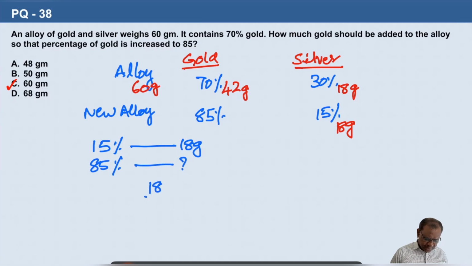Simplify 18 by 15 into 85. This is 5 threes, 5 17s, 3 ones, 3 6. So what is remaining? 6 into 17, that is 102. So this is 102.